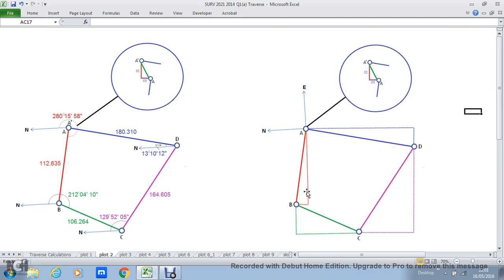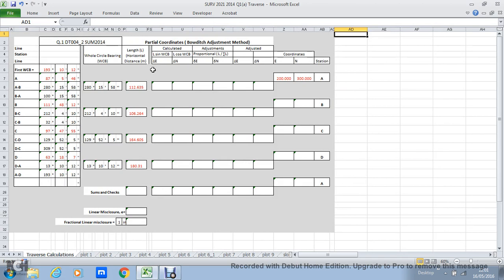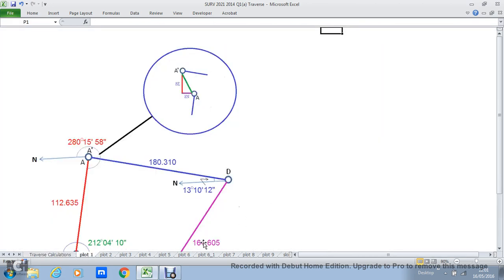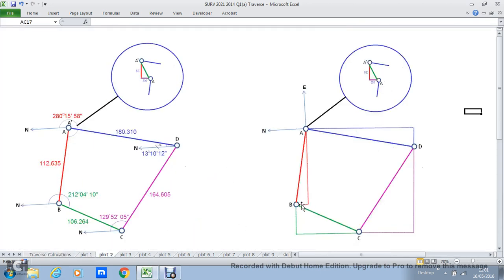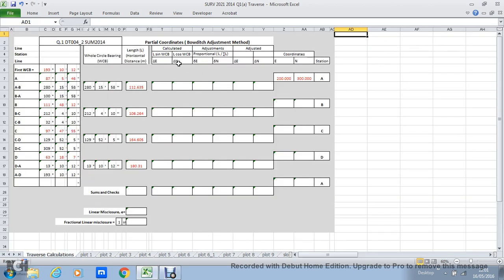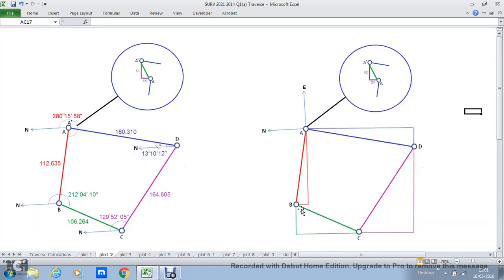So for the line AB, this is the partial coordinate in the easting direction, which if you go to our spreadsheet is known as delta E. And this, if I go to plot 2, this is the partial coordinate in the northern direction, which is delta N.